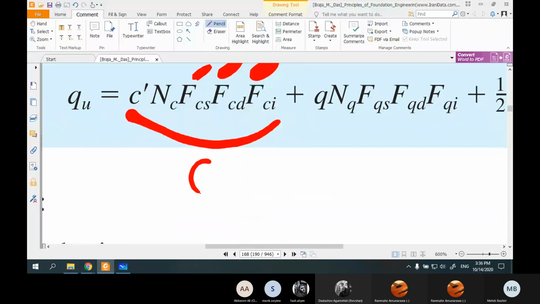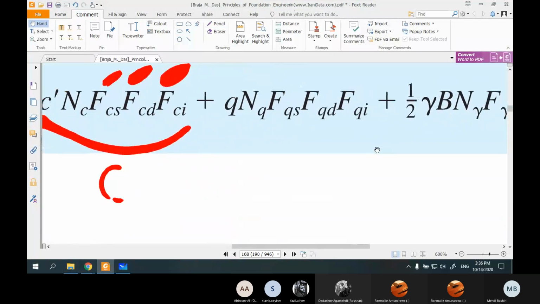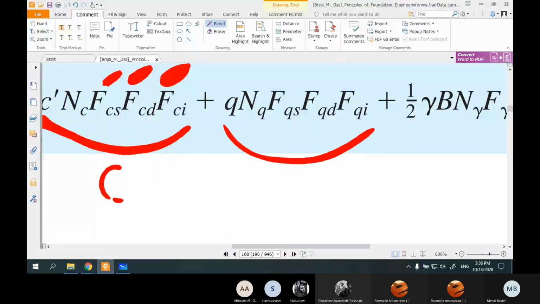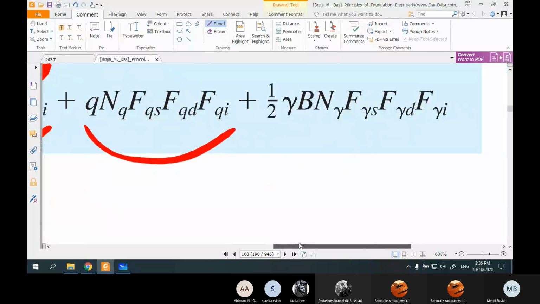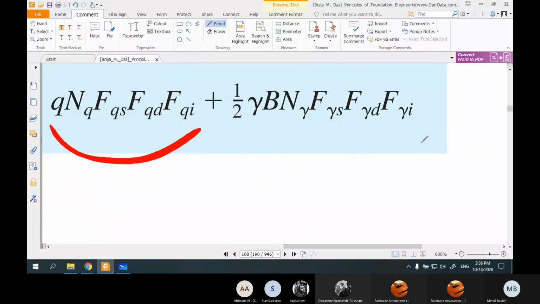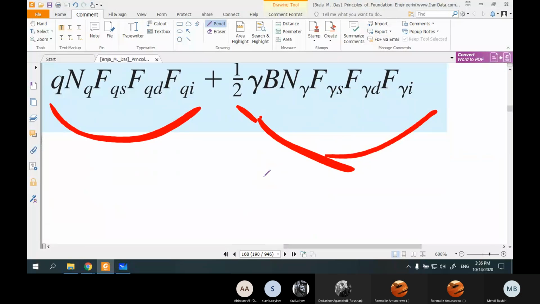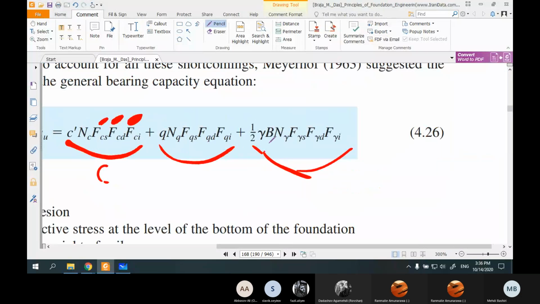In this part, all these subscripts are Q: NQ, Q, QS, QD, QI. In the other part, all of them are gamma: gamma S, gamma D, gamma I. What are these factors?